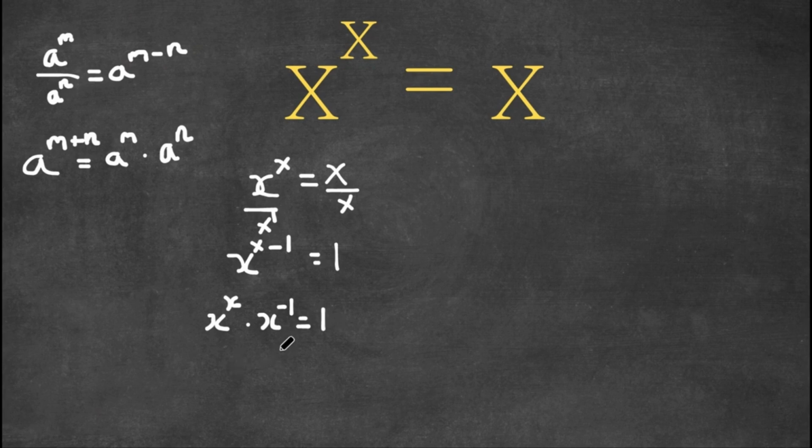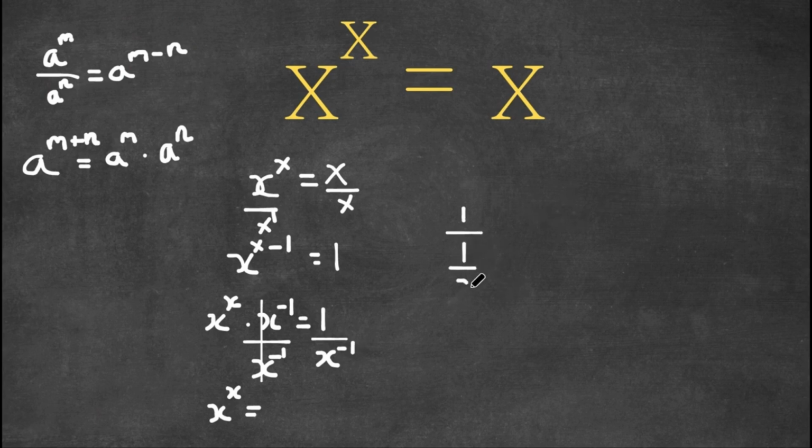So now, if I divide both sides by x to the power of negative 1, these two would cancel out, so I would get x to the power of x is equal to 1 over x to the power of negative 1. 1 over x to the power of negative 1 is the same thing as 1 over 1 over x to the power of 1, so this would be 1 over 1 over x.